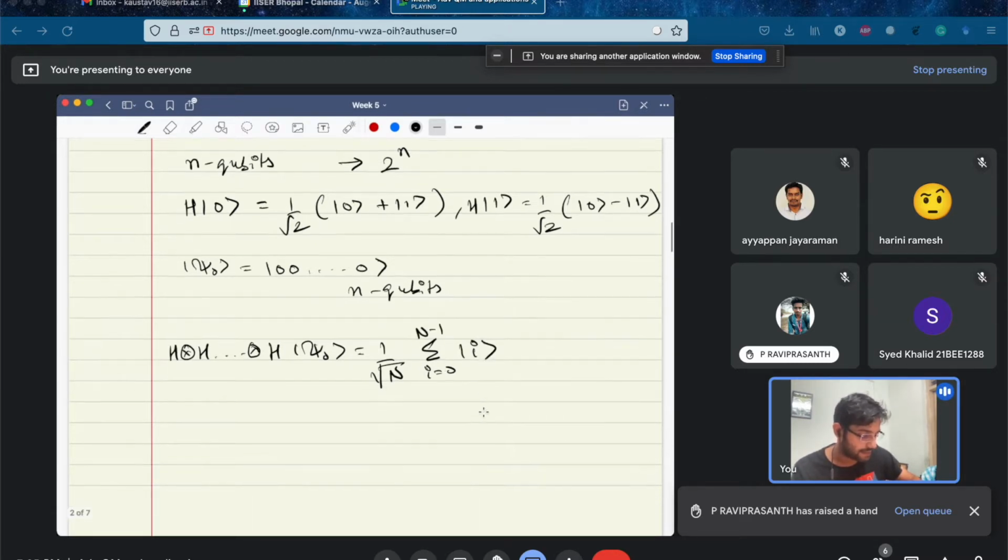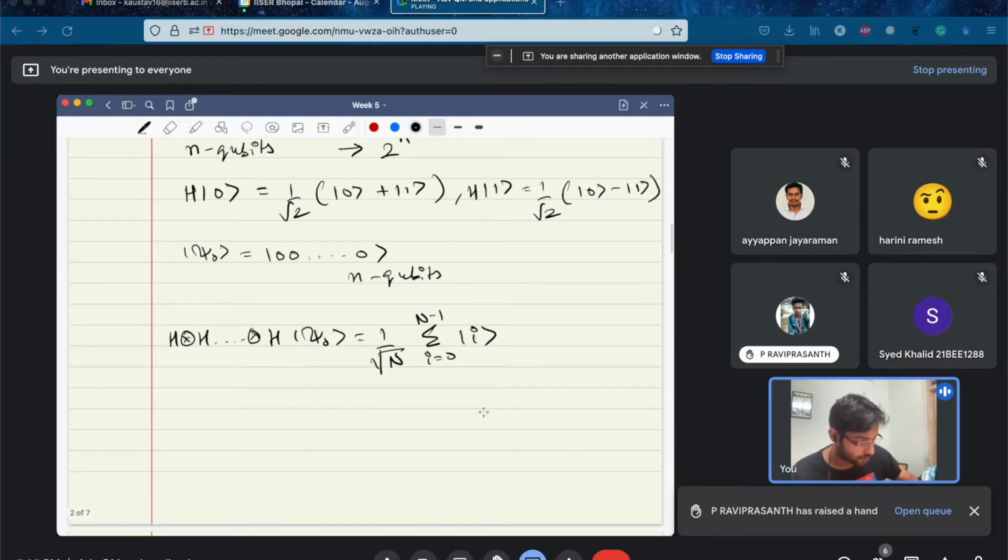And this i state is usually, let's say, your 0 is basically 0 0 0. So there are 2 to the power n number of states that are possible. So this actually gives us the total expansion.